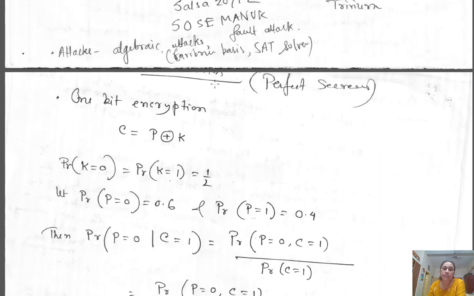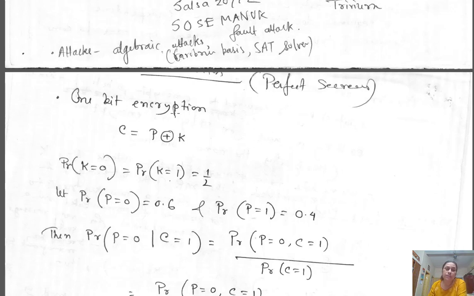Now, as I was discussing perfect secrecy, let us illustrate this with one example: the one-time pad. With one example I will illustrate perfect secrecy. Suppose I consider one-bit encryption, so your ciphertext bit is generated by XORing the plaintext bit and the key bit.